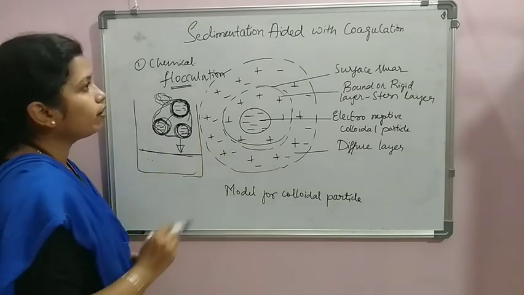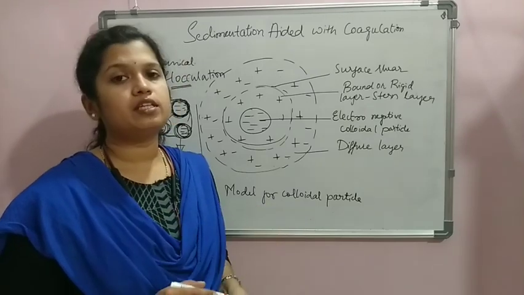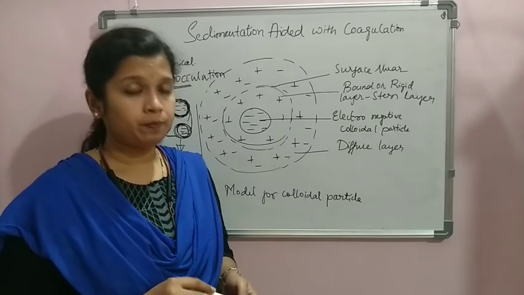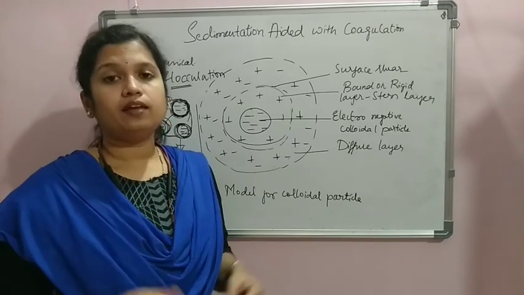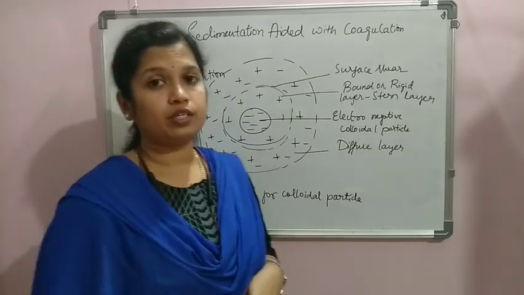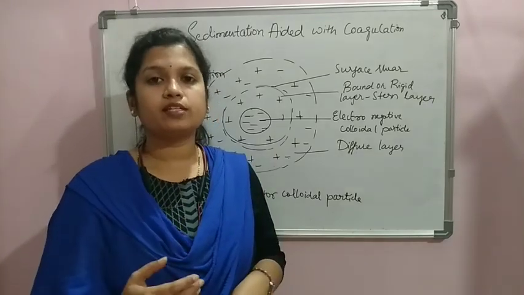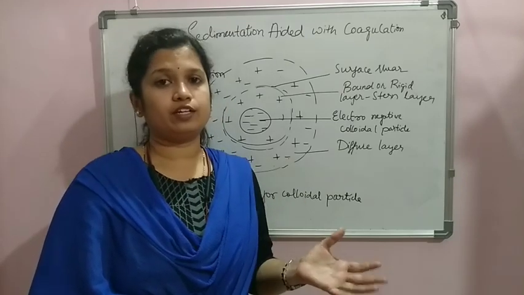This is the idea behind coagulation. This is one of the processes universally adopted in all treatment plants. Usually sedimentation is followed by coagulation, and many chemicals are available for carrying out coagulation. It works out to be most economical whenever we go for sedimentation after giving coagulation.